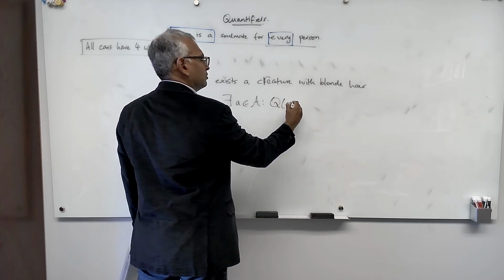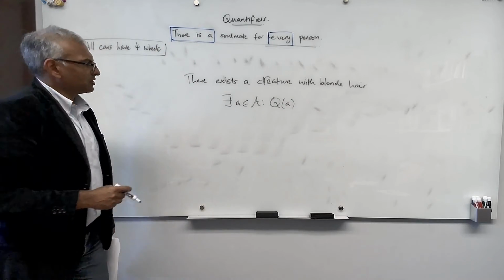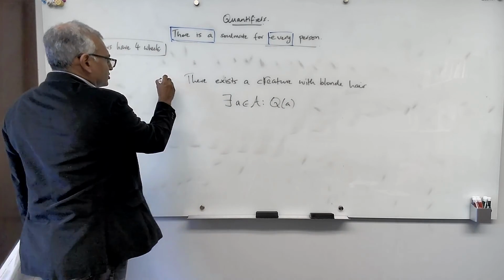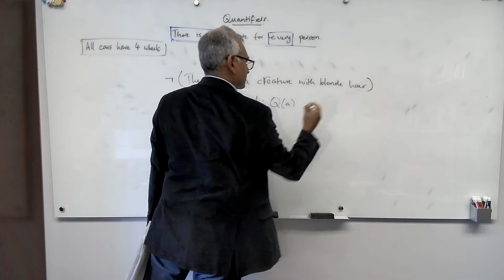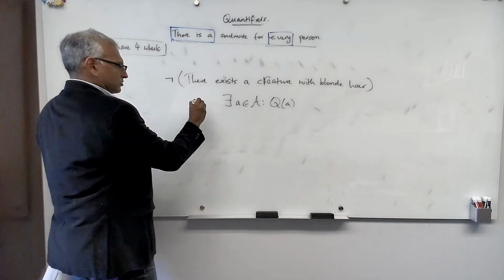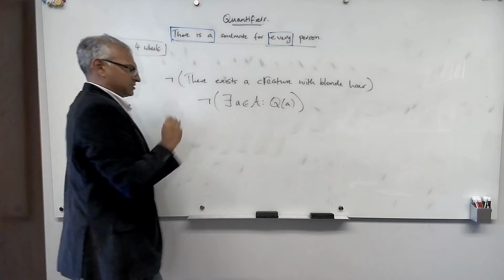So let's call that Q of A, the predicate. Creature A has blonde hair. Now supposing it's not true. So it's not the case that there exists a creature with blonde hair.